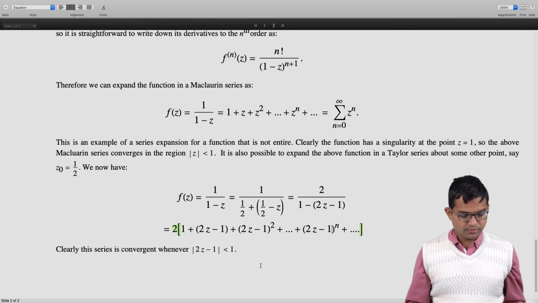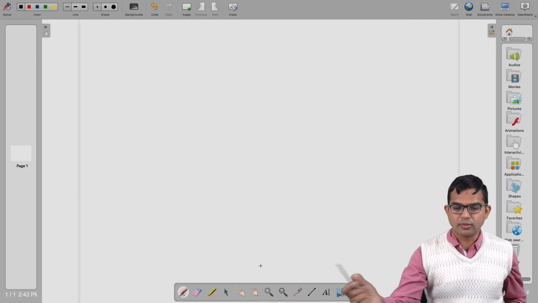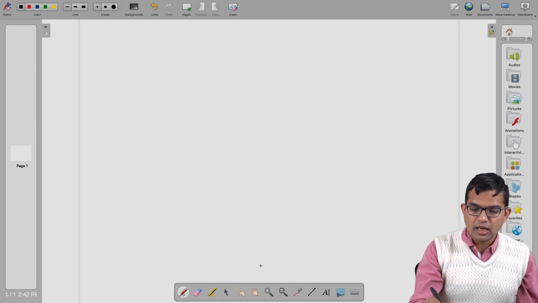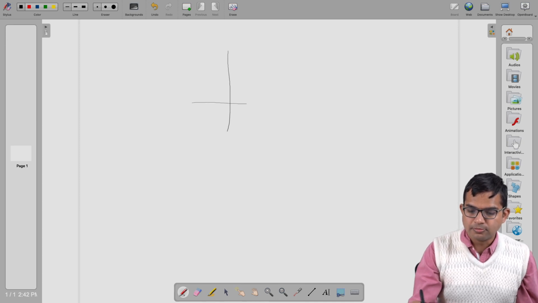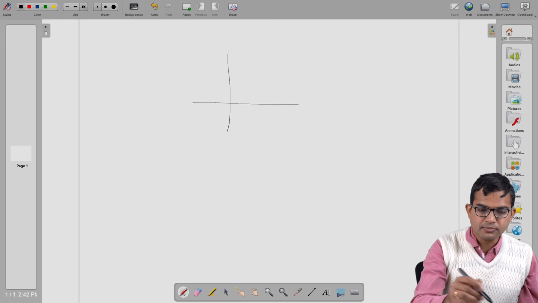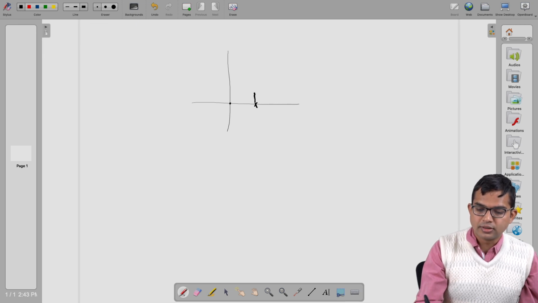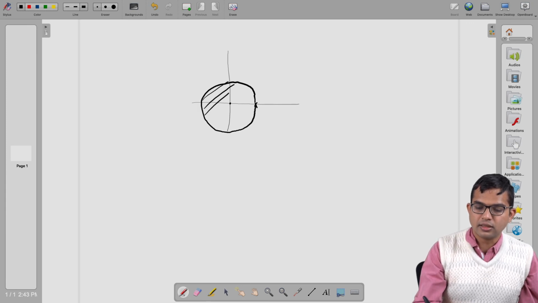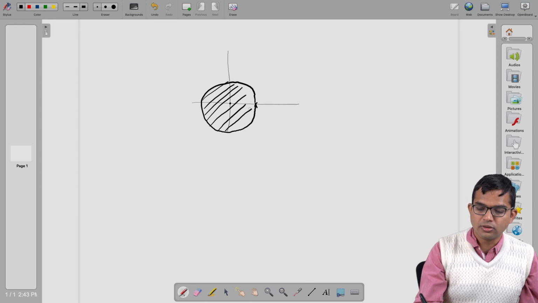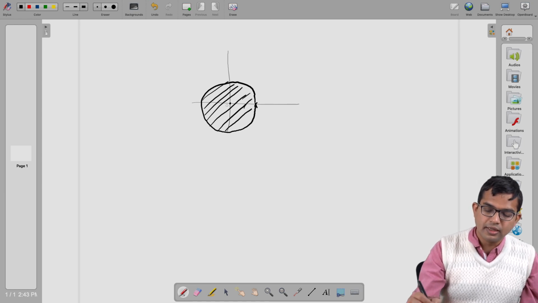So in fact, you can try to expand the same function about some other point. What we have managed to show is this: there is a singularity sitting at the point z equal to 1. If I expand about z equal to 0, then I have found that this series is convergent in this entire circle of radius 1, mod z less than 1, so in the interior of the circle.